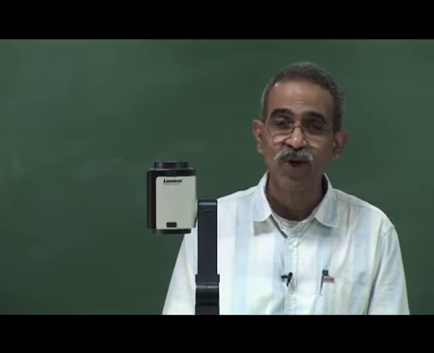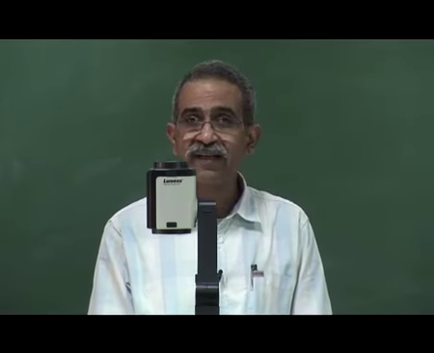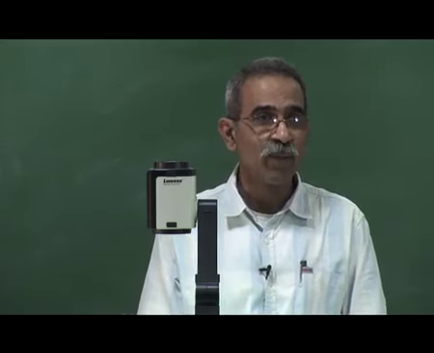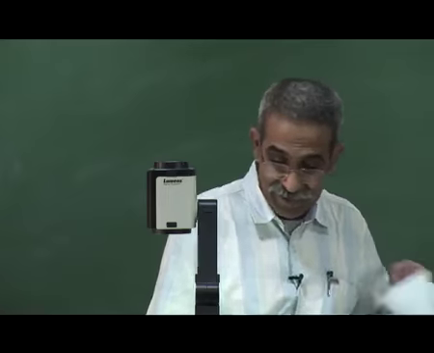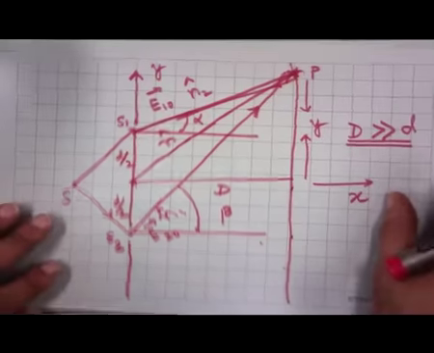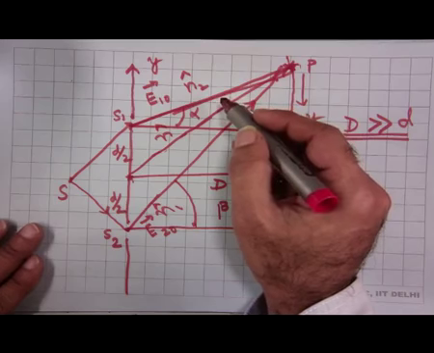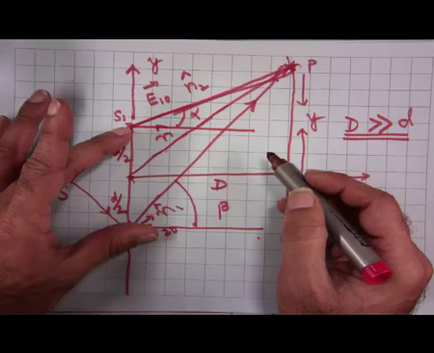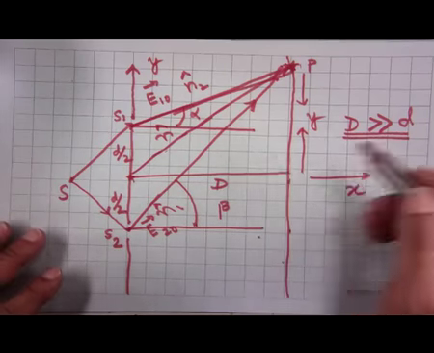Therefore, your books tell you that we are discussing the two slit interference phenomenon in the parallel ray approximation. So that is the reason why I wrote this highly exaggerated picture. By no stretch of imagination are these two parallel. So what are we saying? We are saying that we can treat them as parallel. Where do two parallel lines meet? The two parallel lines will meet only at infinity.